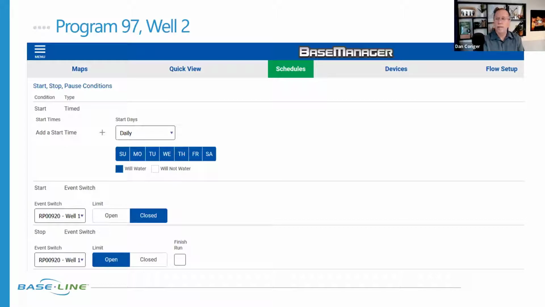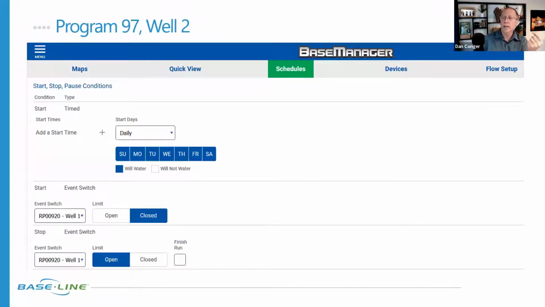Time is a start condition, and in this case, we're not using time as a start condition. We're using an event switch. If we look right below that, we see RP00920. That is an event switch at the pump station, and that event switch, that condition, will start the program.